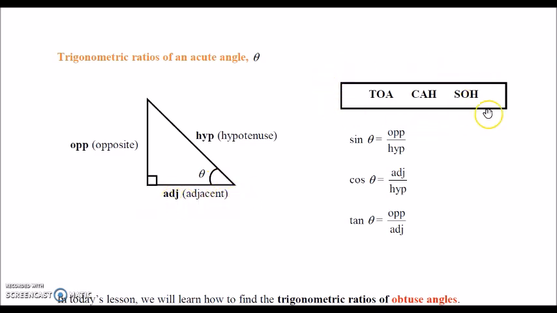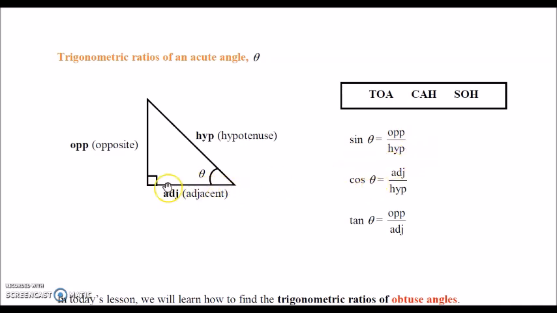If you recall your SOH CAH TOA, I'm sure all of you would have remembered this. By SOH CAH TOA, we can write down the trigonometric ratios of an acute angle theta, since this theta over here is an acute angle. For sine theta, it's SOH, so sine theta is opposite divided by hypotenuse.